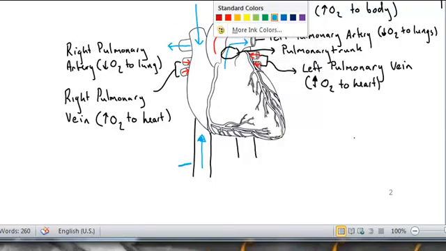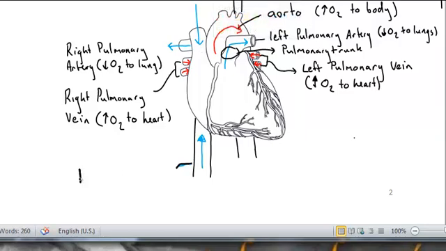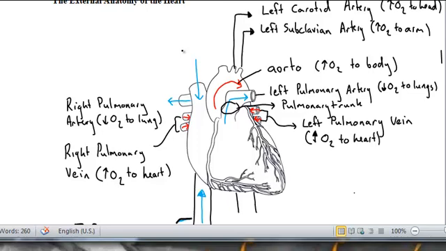From the bottom, it's the inferior vena cava, and from the head, the superior vena cava.